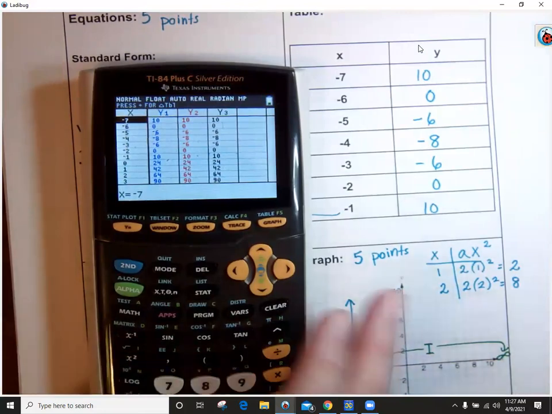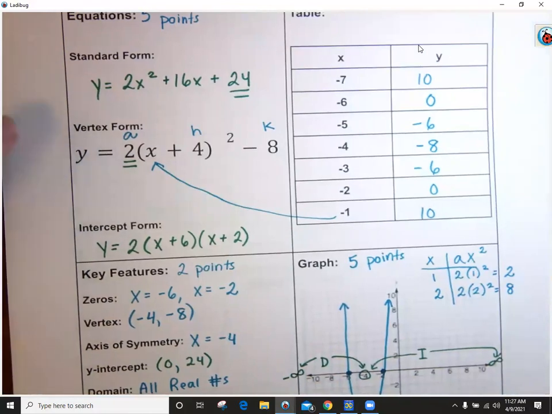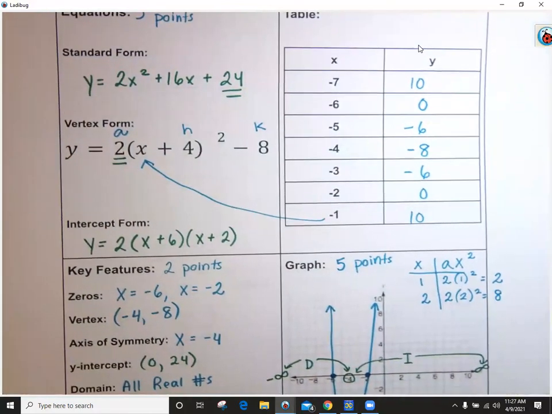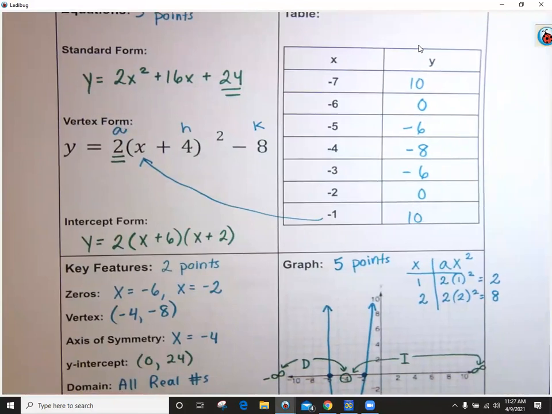Any questions on how to get from vertex form to all of that stuff? What if the vertex is on the x-axis and you can't write the intercept point? You would write the same point twice.